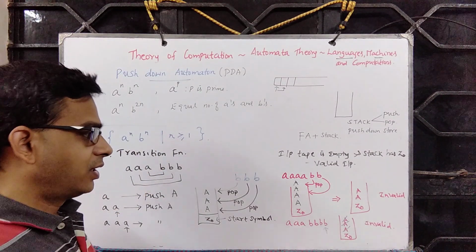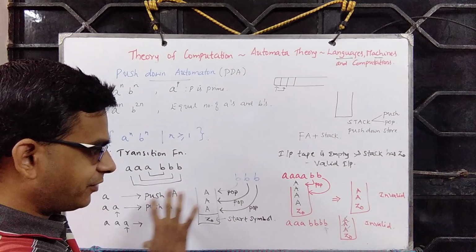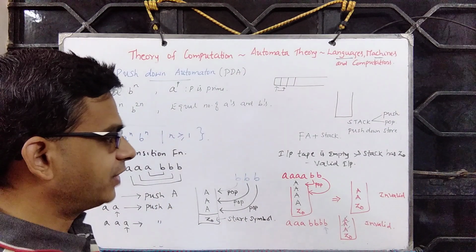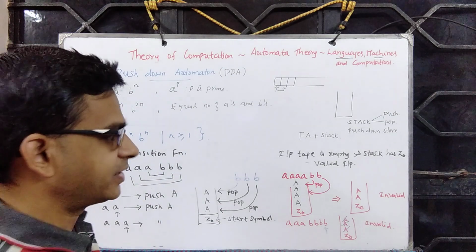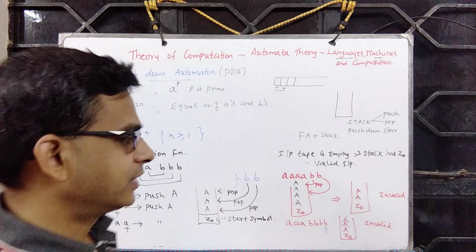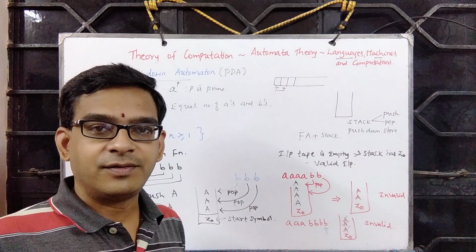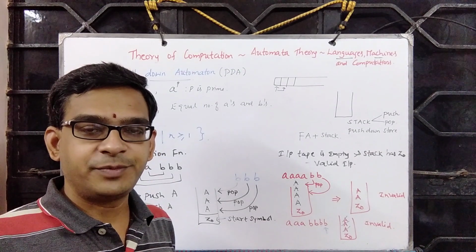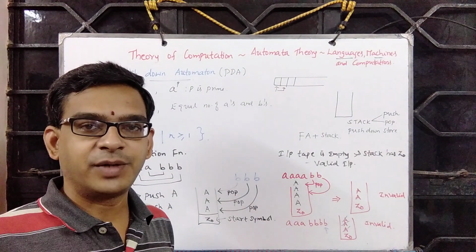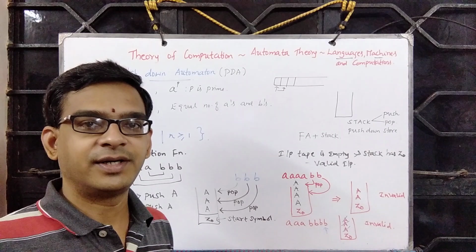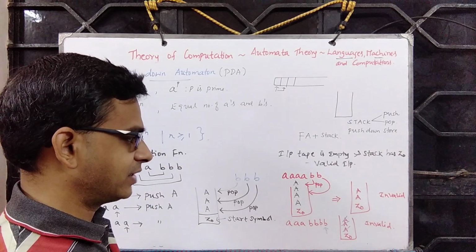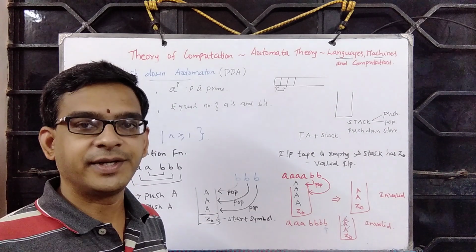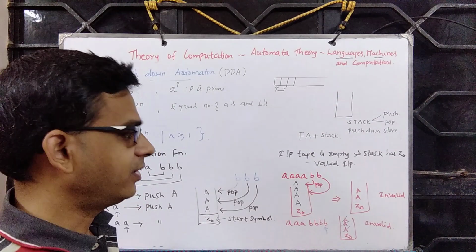Fine. Now, whatever we have described now, we are going to formally write using the transition function. Just like a finite automaton, one can come up with a transition function, one can come up with a transition diagram, and there are other representations as well. There is something called context-free grammar. All that we shall discuss.